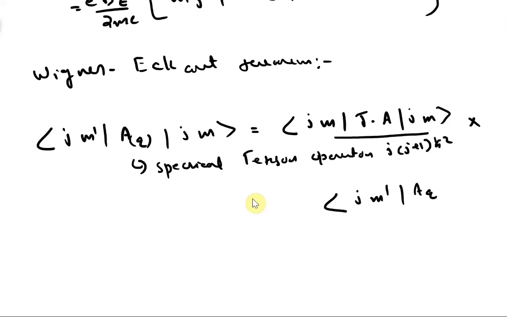We are taking one of those components, whichever one we have to find out. In the case of spin, this is nothing but the z component, the angular momentum z component J_z, on J M.